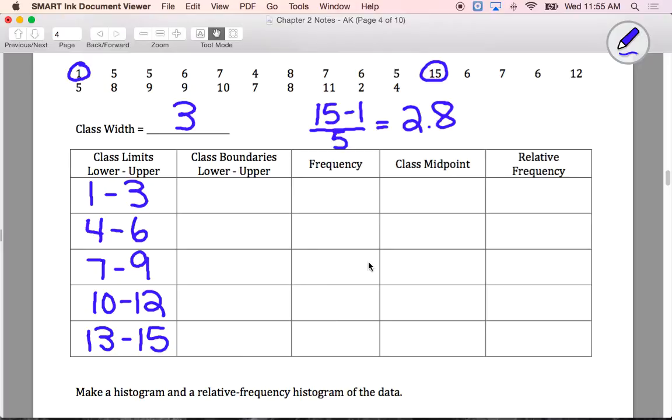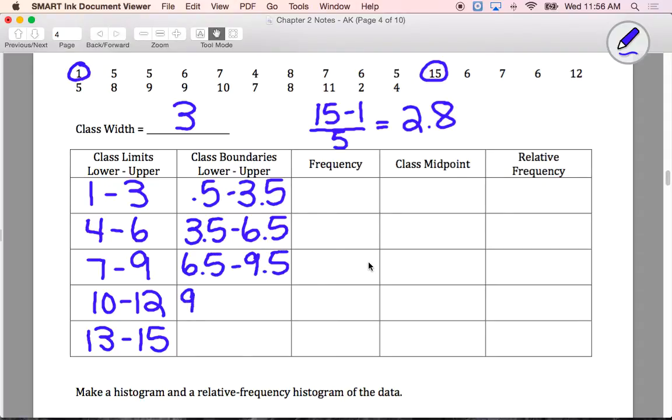Now for your class boundaries, these are the 0.5s. So you're going 0.5 to the left, 0.5 to the right. So again, you have your 0.5s there, 1.5 to the left, 0.5 to the right.